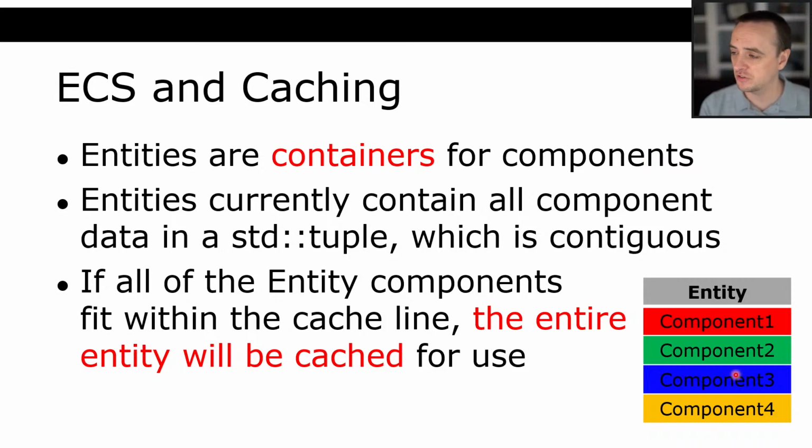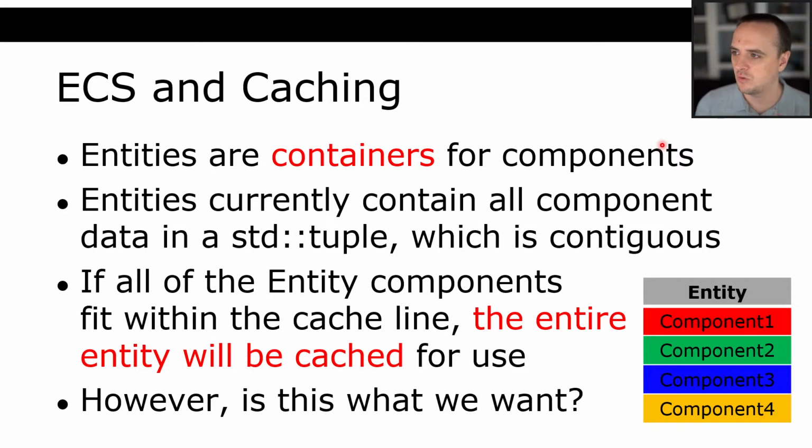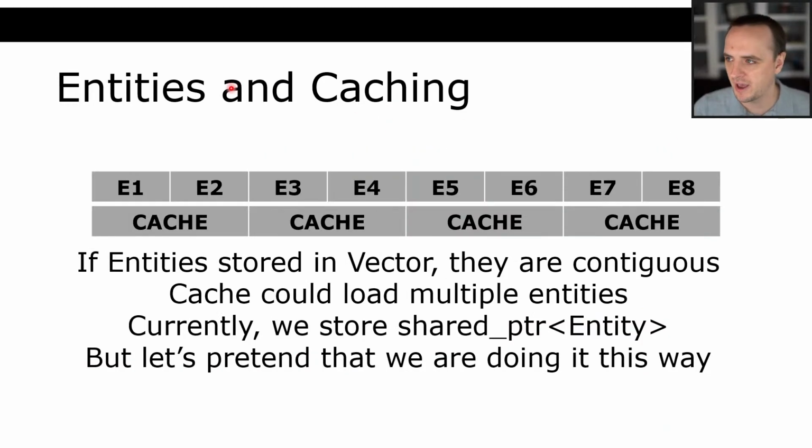We also have component 3 in the cache for free, maybe even component 4 if they're small enough. So we almost have this entire entity in the cache for us, which is pretty cool. But that sounds cool on the surface, but is it what we actually want? Well, let's investigate that.